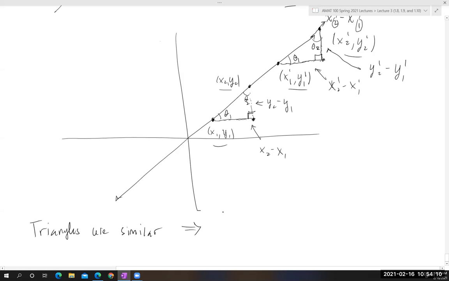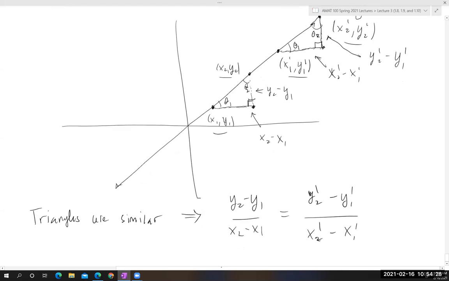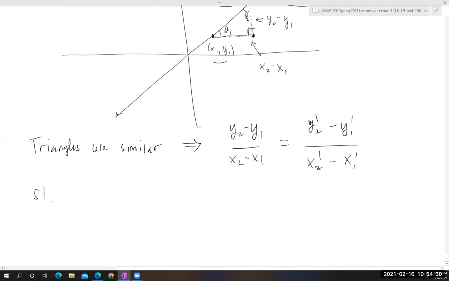So what that means is that the ratio of their sides, so this ratio right here, is equal to this ratio right here. So what this shows is that slope is independent of choice of points.